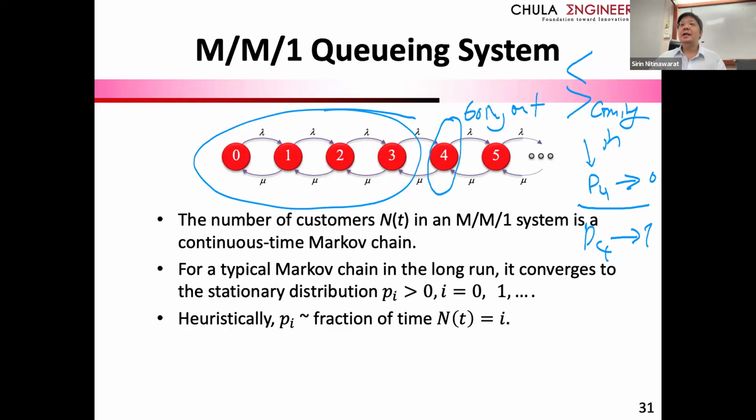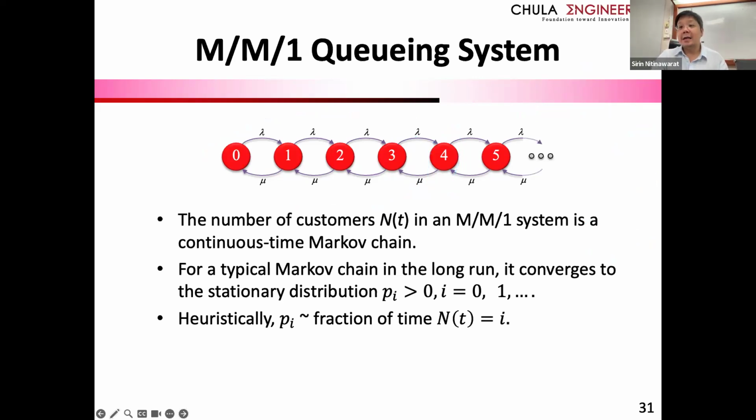So if you keep the system running for a long time, eventually there will be 4 customers only. That cannot happen, right, for a realistic system, the M/M/1 queue. So that's why at all the states you must have the global balance equation, right?